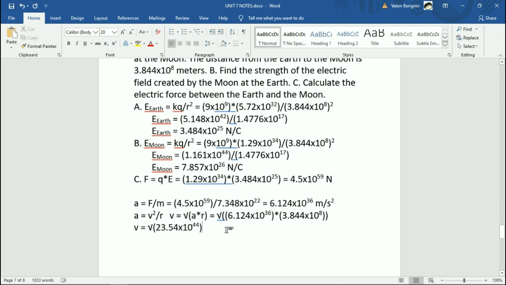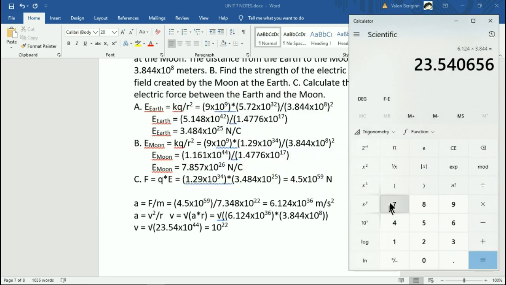So if we keep this, we can just say that's 10 to the 22, which means we can just take the square root of 23.54. So what is the square root? Where's the square root symbol? Yes. 4.85. Okay.